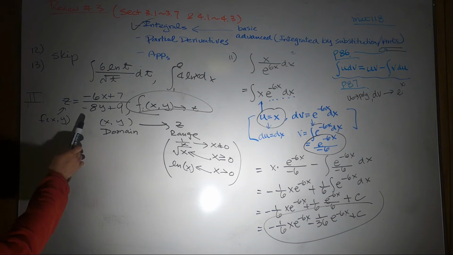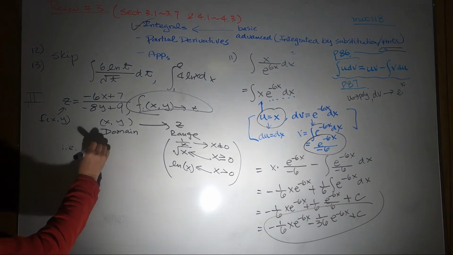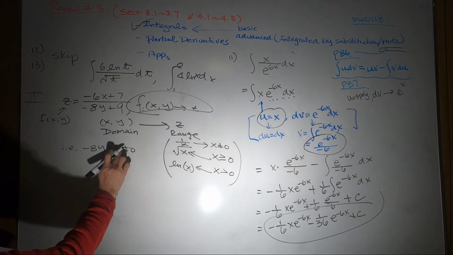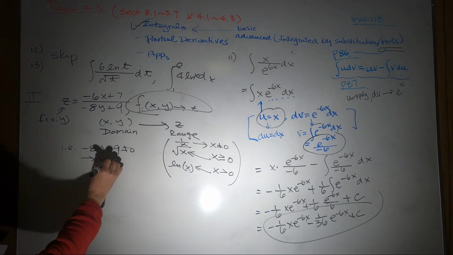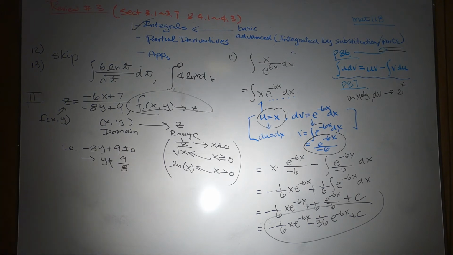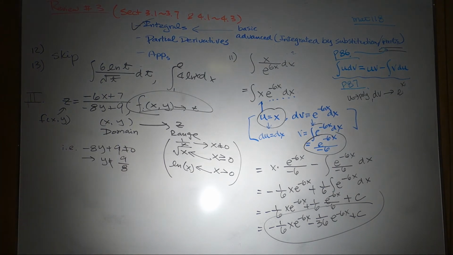That's only one restriction. That is, negative 8y plus 9 cannot be 0. So you have to figure out what your y is. y would be 9/8 to make it 0, so y cannot be that number. Do your solving of the linear equation.